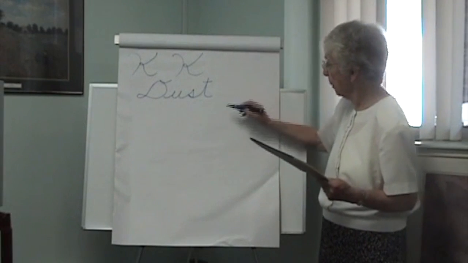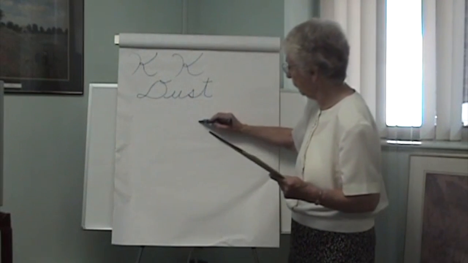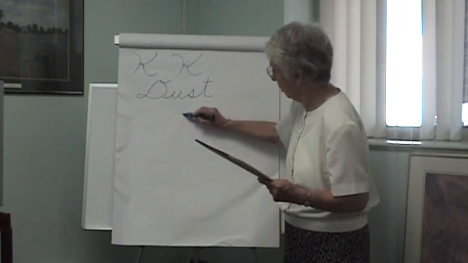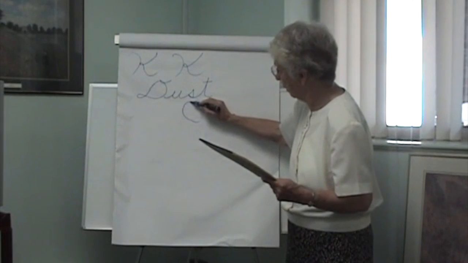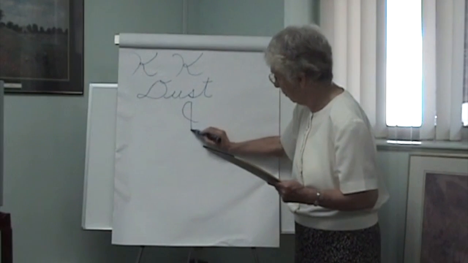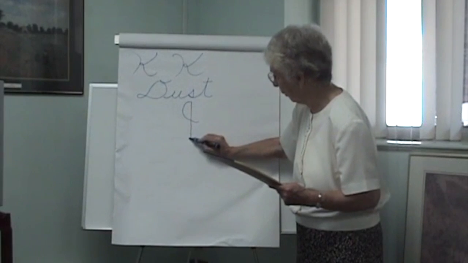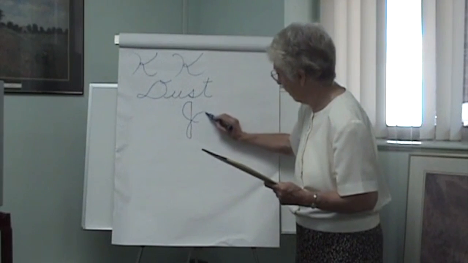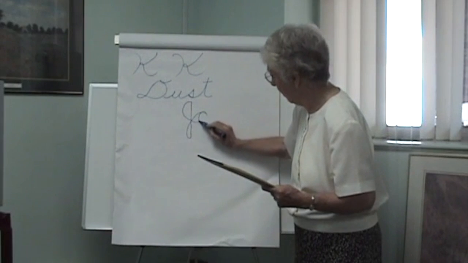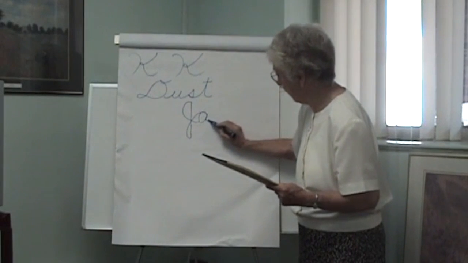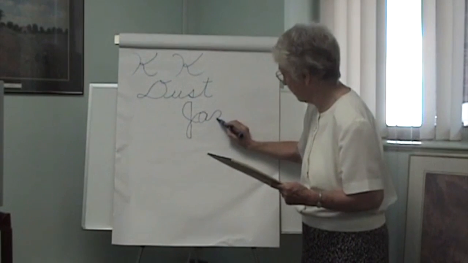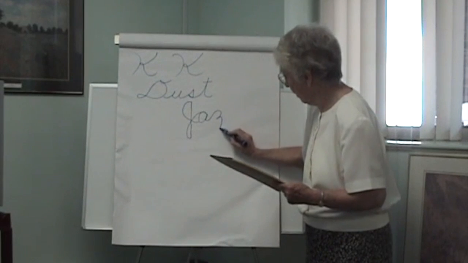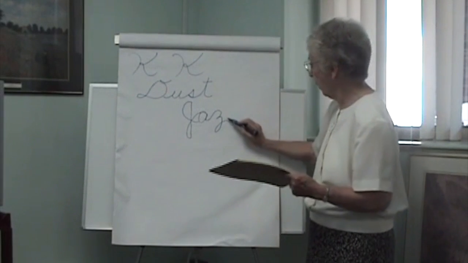Now we have to have 2 words for homework. The next one is going to be jazz. We're going to go from New York, California, to Seattle, and down to Florida. Let's go right down to Florida. How about that? J, A, and Z. 2 Z's. There's the cane and the tail. You have to have 2 Z's.